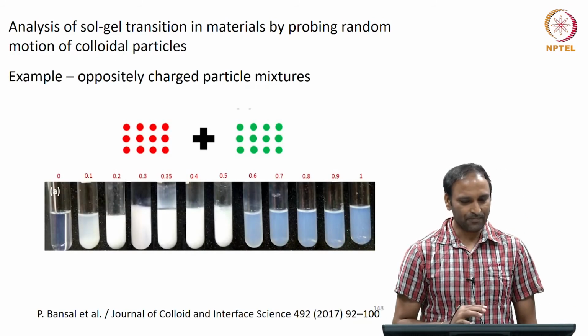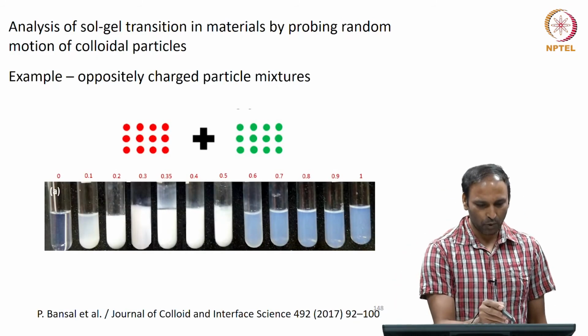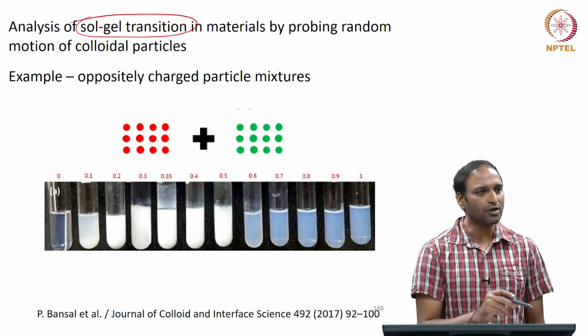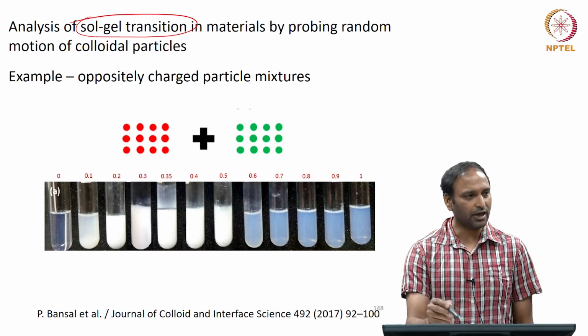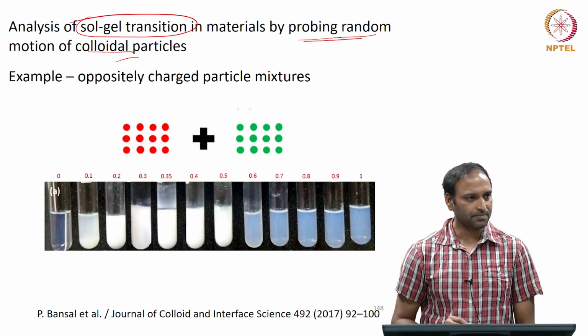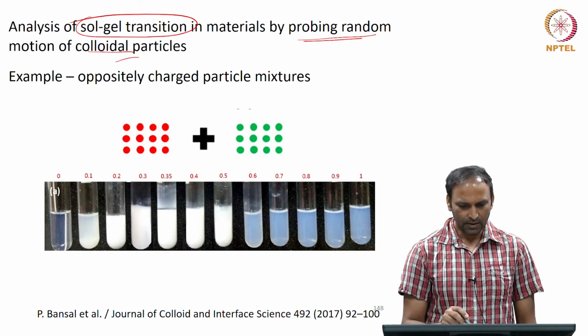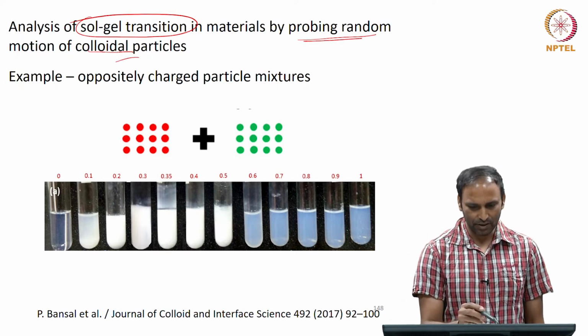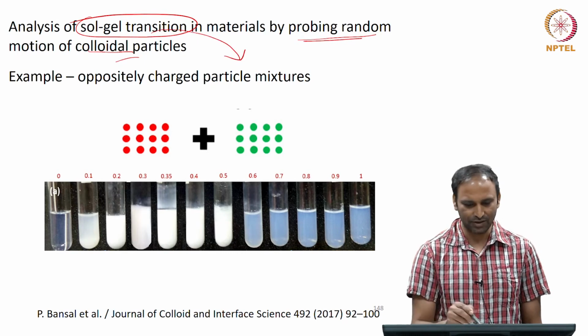Now the last part that I wanted to look at is analysis of sol-gel transition in materials by probing motion of colloidal particles. I have taken an example here just to show you what a sol-gel transition is.